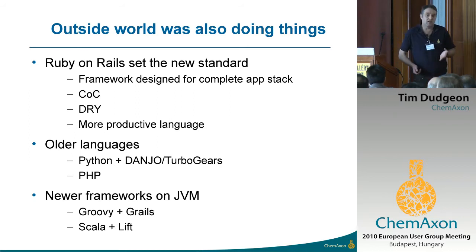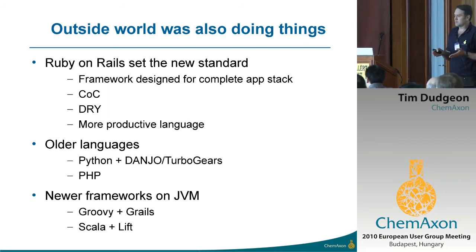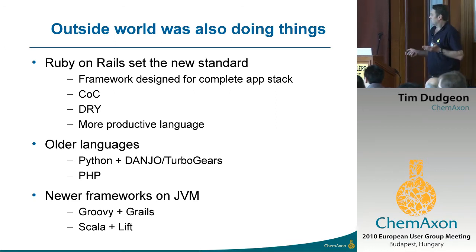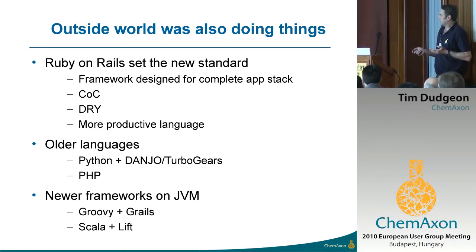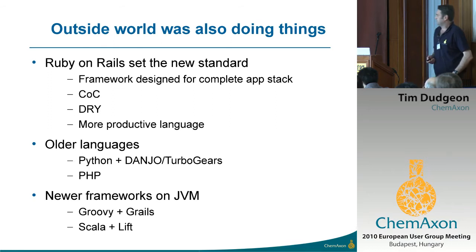In addition to this, the outside world was changing as well. We tend to be very Java-focused here, and don't tend to look outside the Java world too much. Well, we should. While this was going on, something was happening. Ruby on Rails was really setting the new standard in how web applications should be delivered.